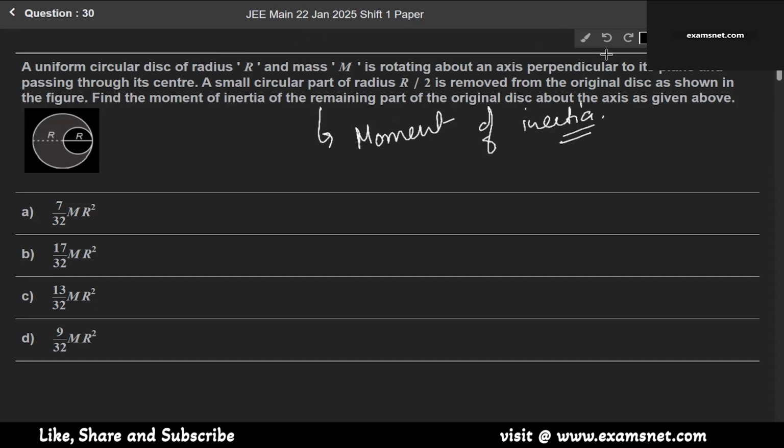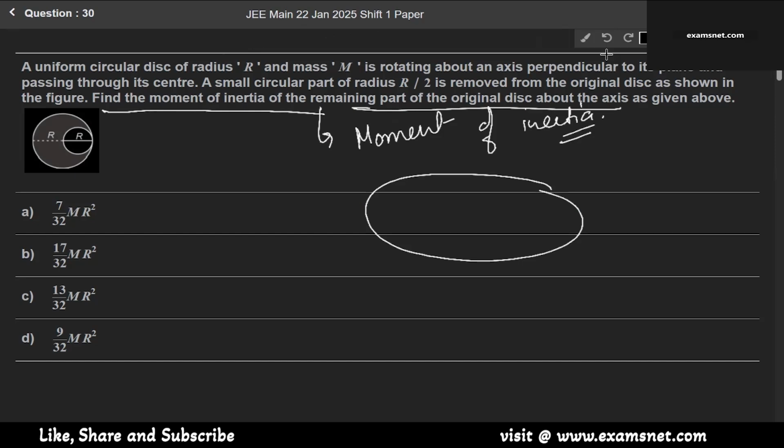So we are asked to find the moment of inertia of the remaining part. According to the question, let us say this is the greater circular disk, its radius is r and its mass is, let us say, m.